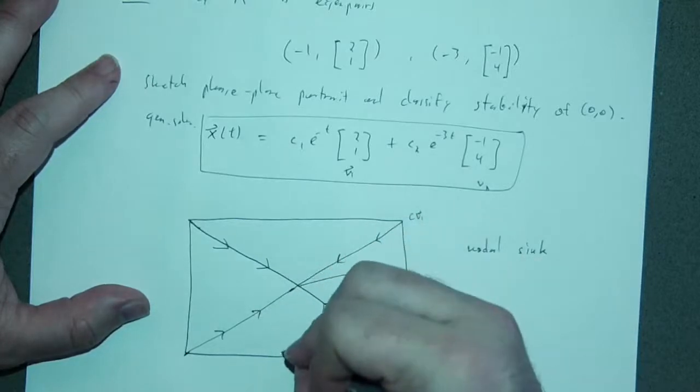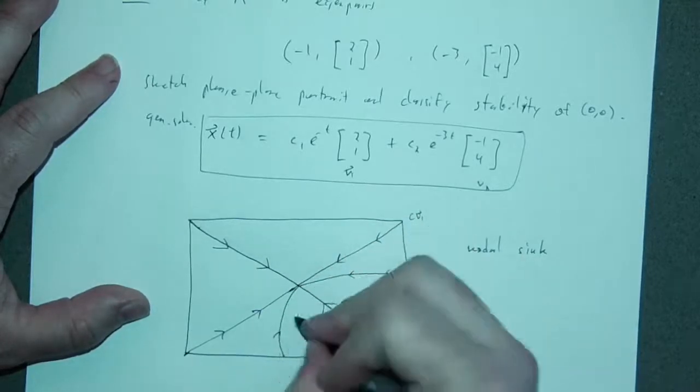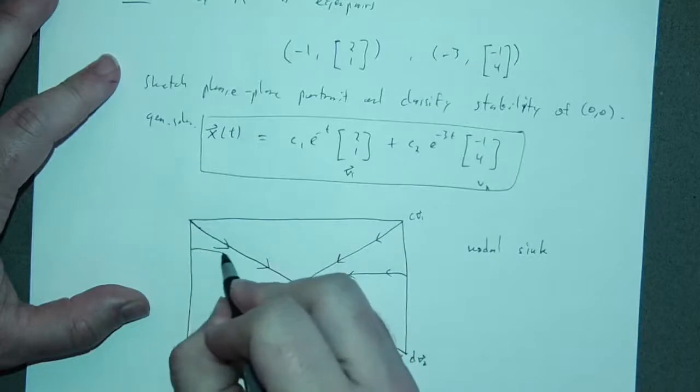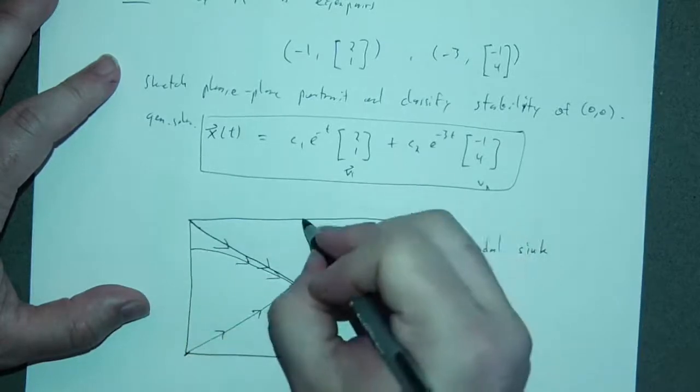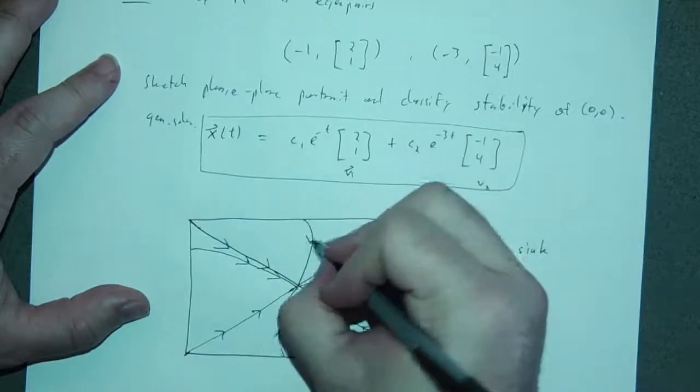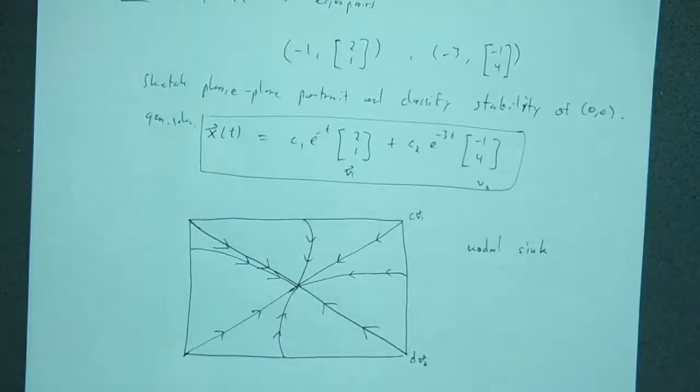Here's another one. Here's another one. And here's one more. So this is a nodal sink, and this is because both of my eigenvalues are negative.